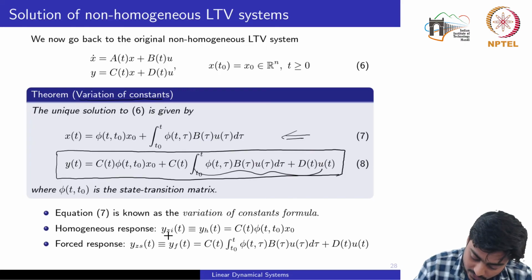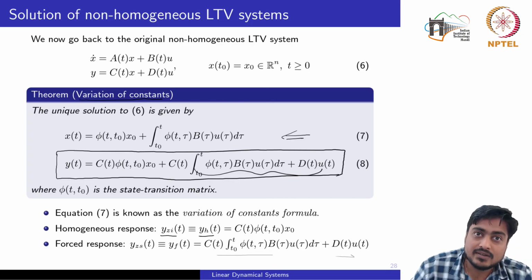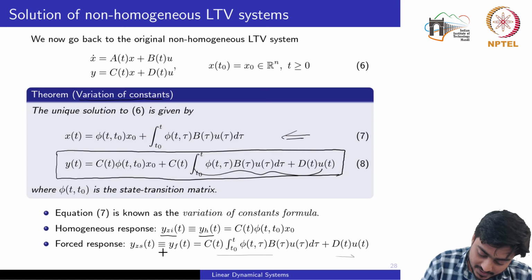We call it either the zero input response or the homogeneous response. Now if we have the initial state x0 equal to 0, then the only response is this one because of the input signal, and we call it either the zero state response or the forced response, which is given by this part. So basically in the last lecture we discussed only this response.